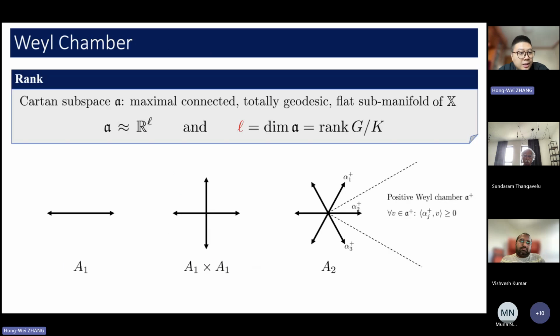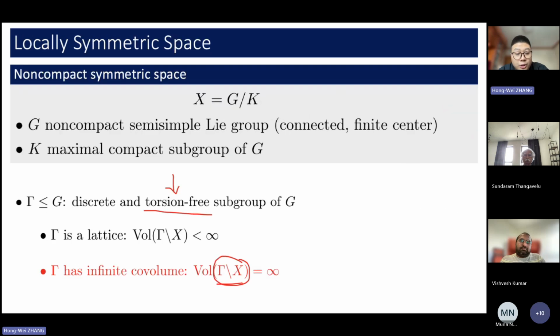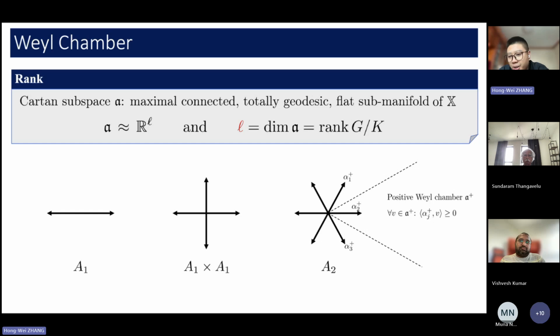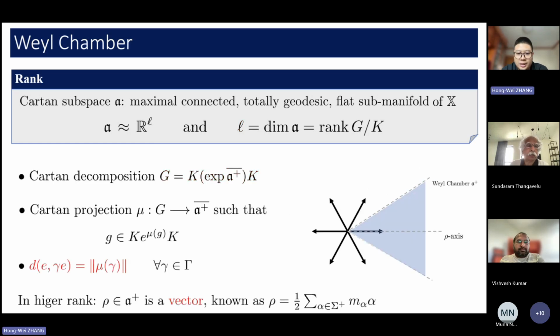So before moving to the result, I think I also need to recall the Cartan subspace. So we say that the symmetric space is of rank L. This Cartan subspace has the rank L. For example, we consider always the example of the root system A2, the most simple but not trivial case, and then we do all the computations in the Cartan subspace.